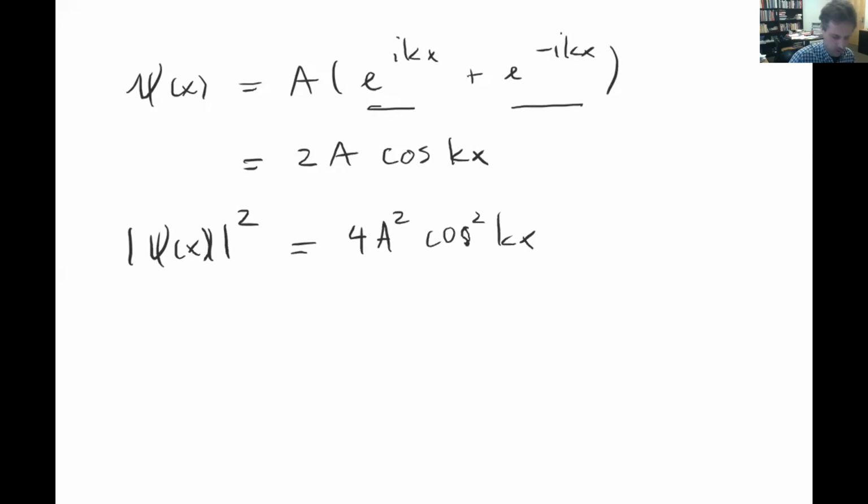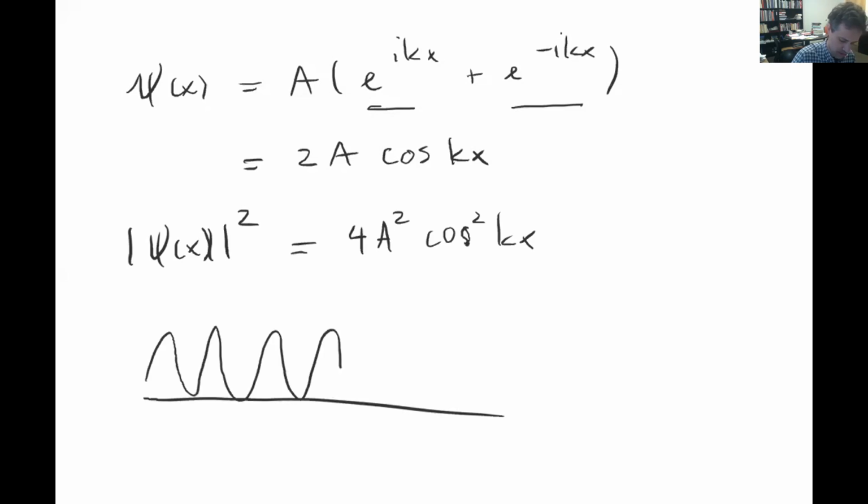Well, that looks like something that is wiggly as a function of space. So this is the probability, p as a function of x. There are locations where the probability is high, and locations where the probability is low. So it looks like a standing wave.